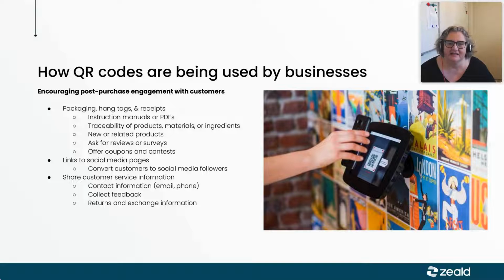So I think, yes, getting links in either your receipts or packaging that go through to social media pages is a good idea. And then share customer service information. Again, really awesome for post-purchase engagement with customers, giving how they make contact with you if there is an issue, or if they're unsure of instructions, or if there's return and exchange information.